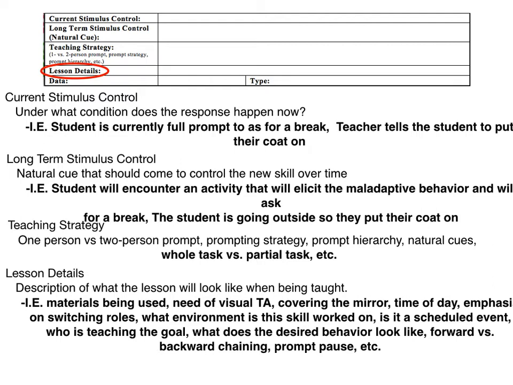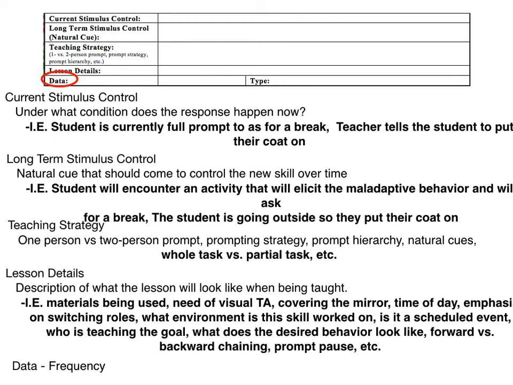Here you'll list the materials used, need of a visual TA, covering the mirror, time of day, emphasis on switching roles, what environment is the skill worked on, is it a scheduled event, who's teaching the goal, what does the desired behavior look like, forward versus backward chaining, and prompt pauses.